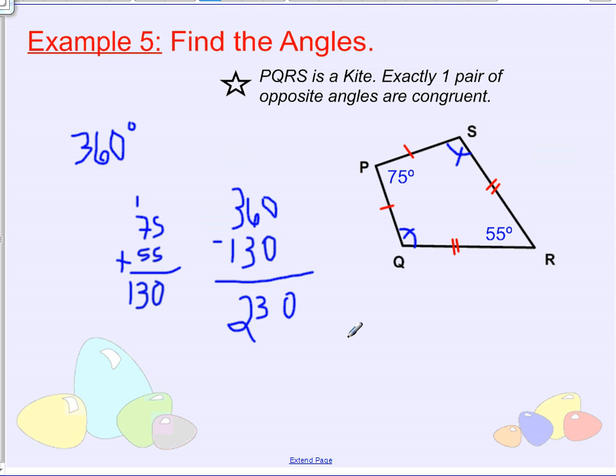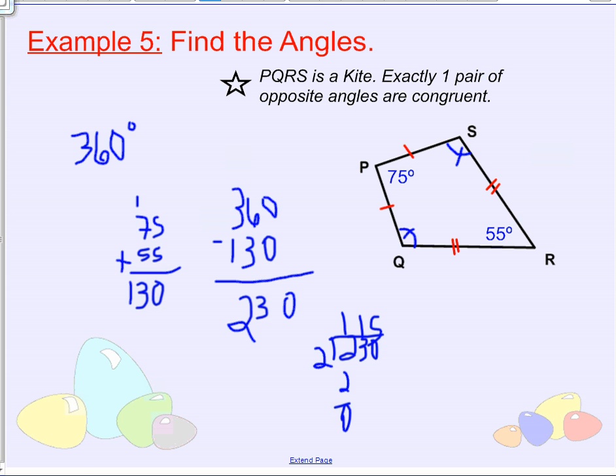Divide this by 2, and we should get 115. So each angle is equal to 115 degrees.